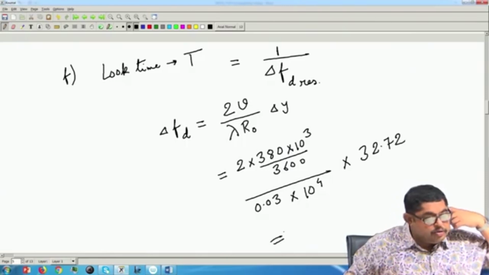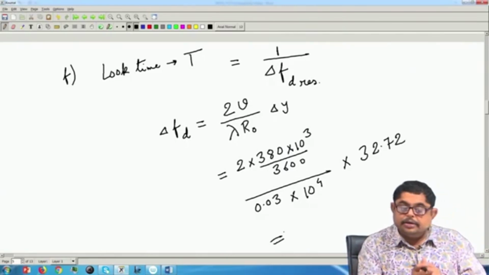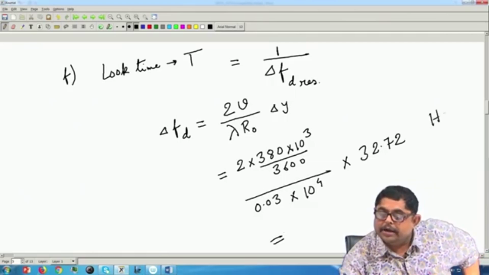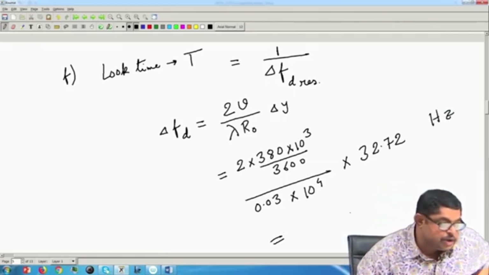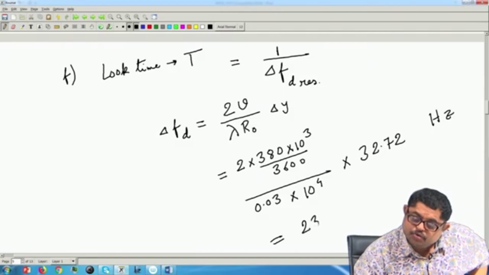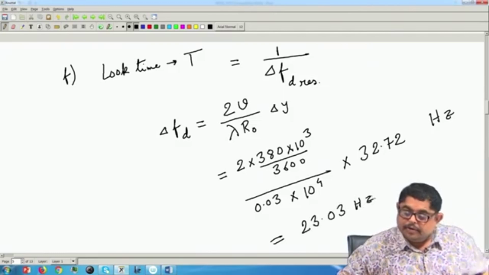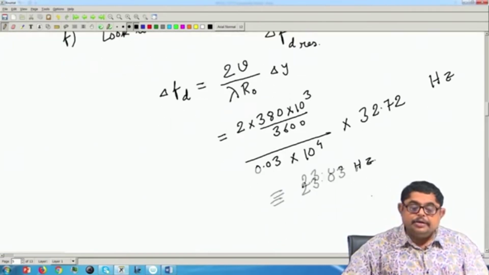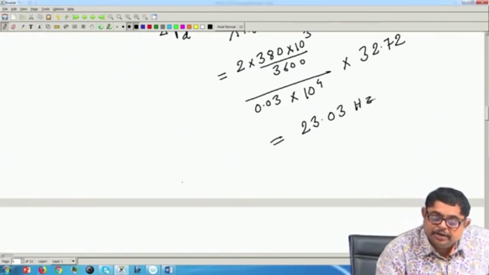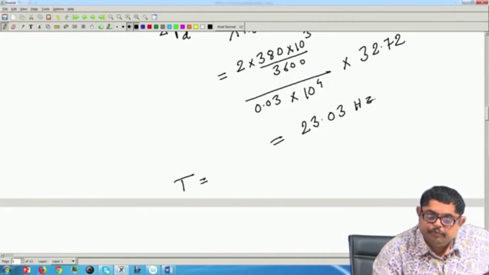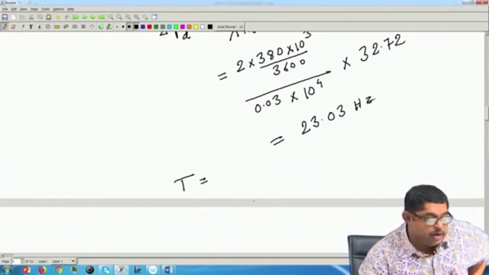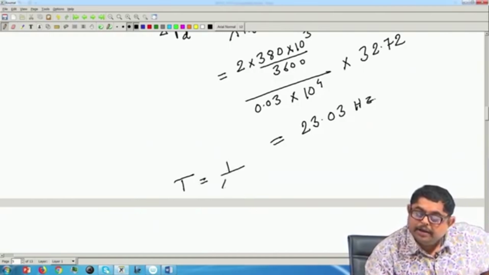So, this will be in hertz, and it will come to 23.03 hertz.